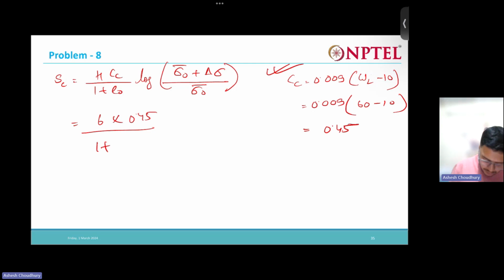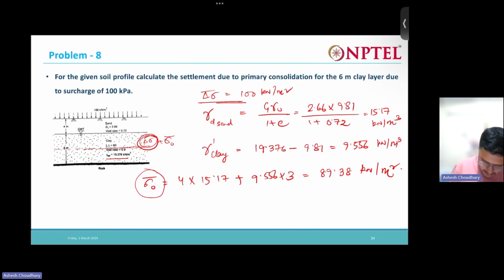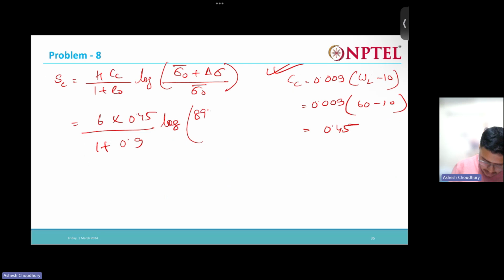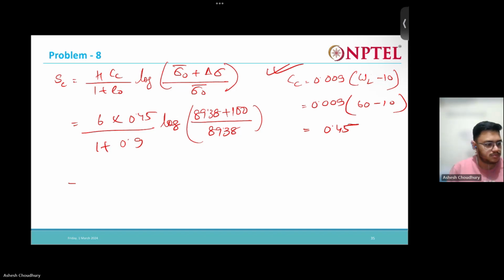What is the initial void ratio? 0.9. And 89.38. So please calculate this fast. Let us see how much settlement is coming for the clay layer.